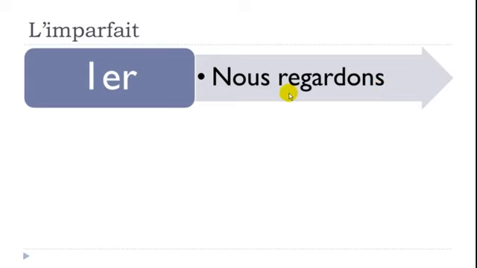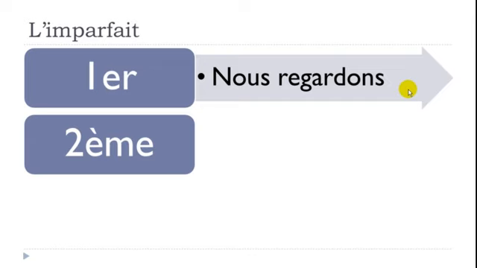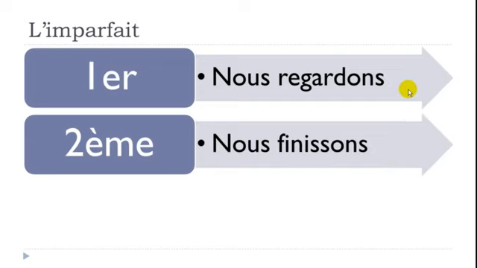So you should know the present form of regarder, and it goes like nous regardons, so that's the present form, nous regardons, okay. For the second group, I've been taking finir, to finish, to end, okay. Same thing, you will put this nous form at the present, nous finissons, okay.